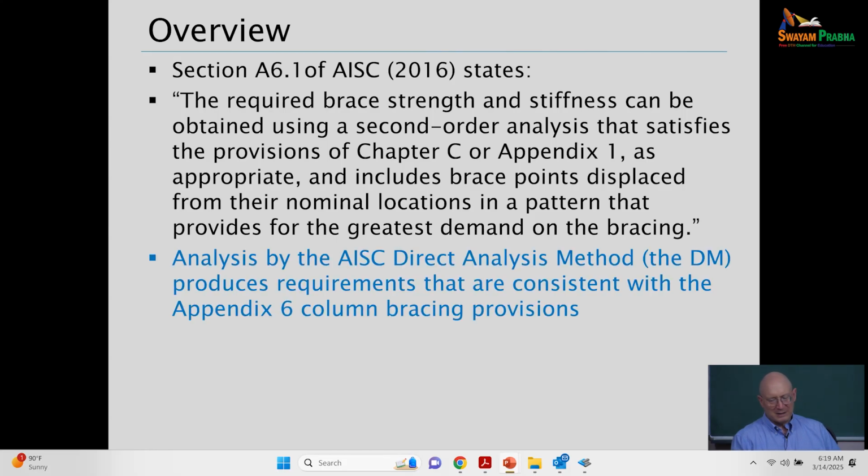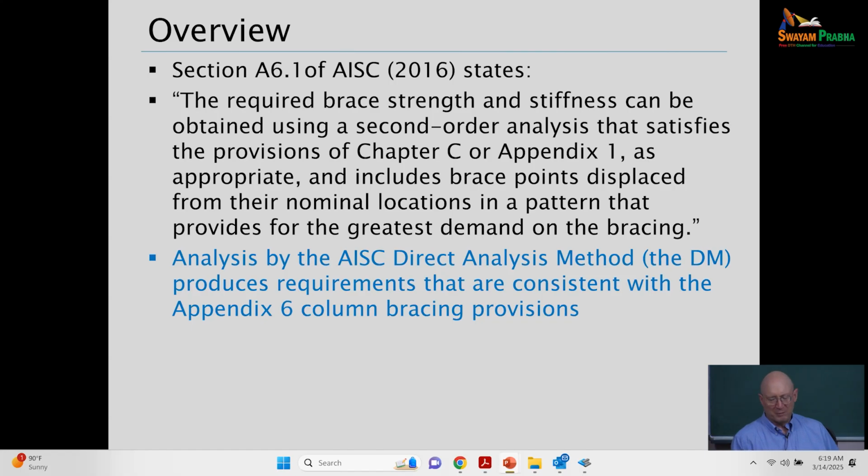Essentially, that sets up that, look, if you want to verify, am I using the equations in Appendix 6 correctly? Or once we understand those equations, there are situations more advanced than those equations really address.